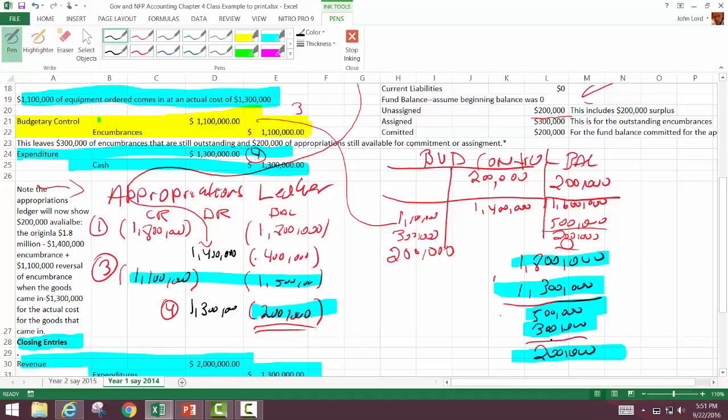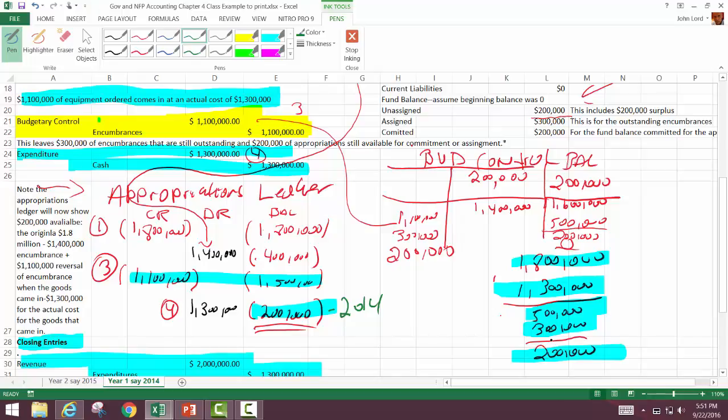The 200,000 that we have committed came from, say, the 2014 budget in this example, and we've just said we're going to commit that for amounts that only relate to potential 2014 expenditure, or however we committed. I don't care; I just want you to know that we're committing that amount.